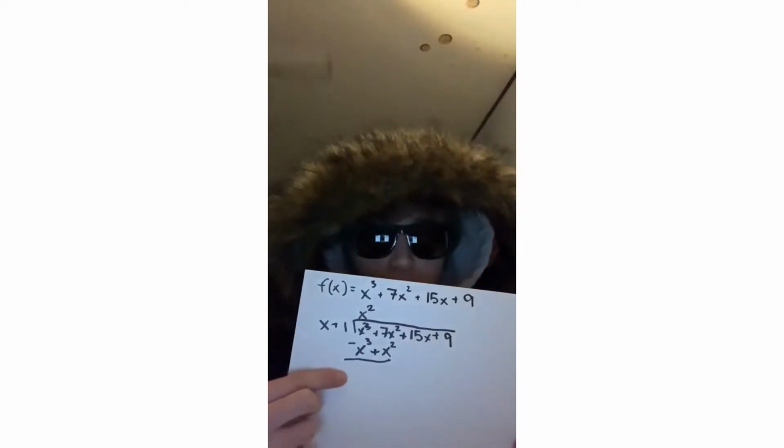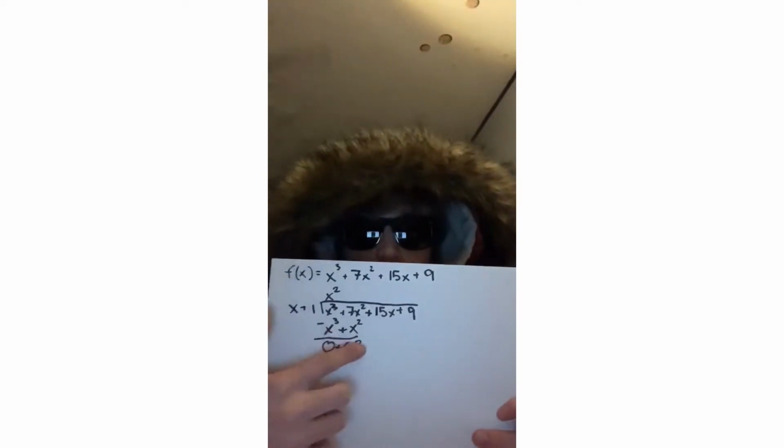And then, like normal long division, we're just going to subtract the like terms. And so the x cubeds will cancel out, and that will leave us with 6x squared. And then you just repeat the process after you bring down the next term in the dividend, which is 15x.